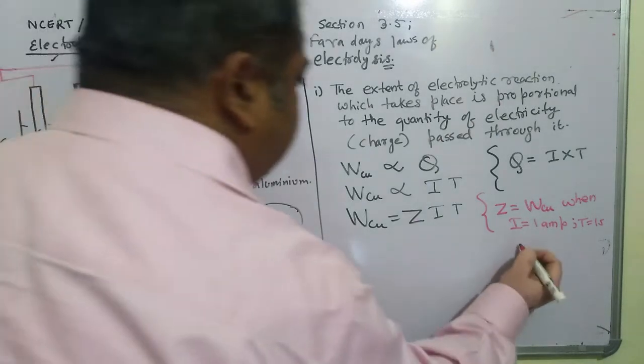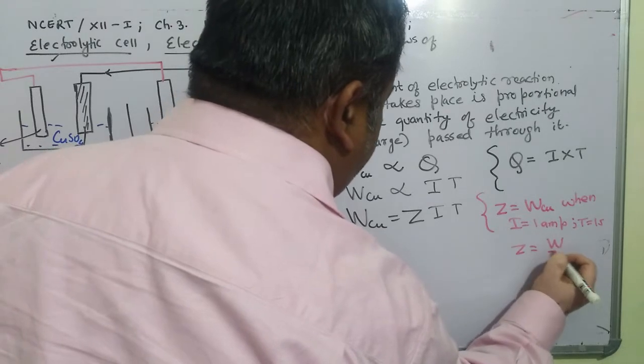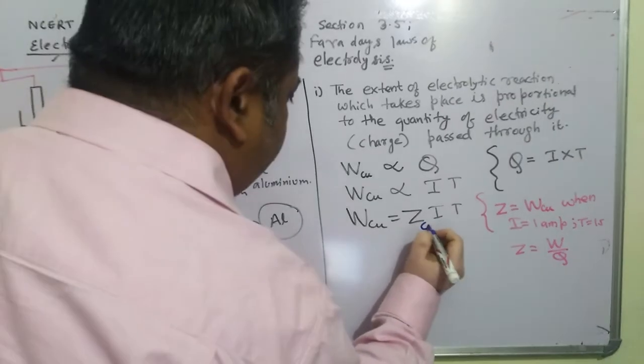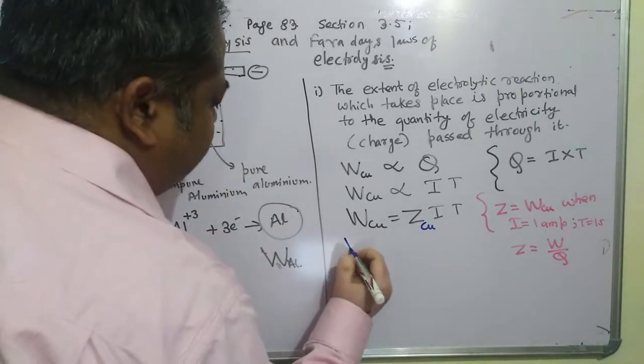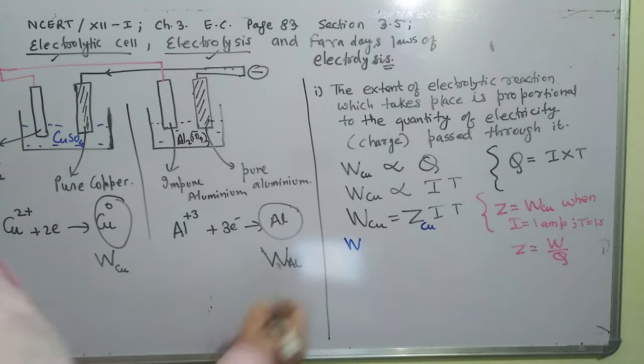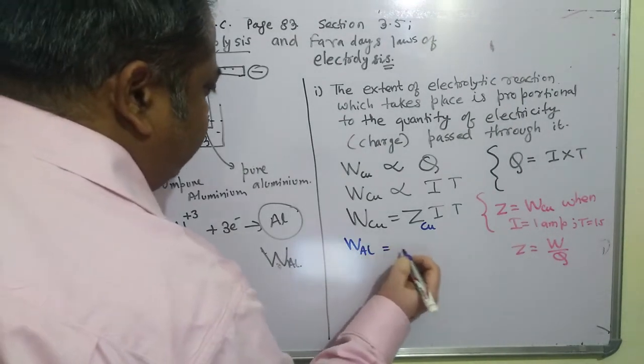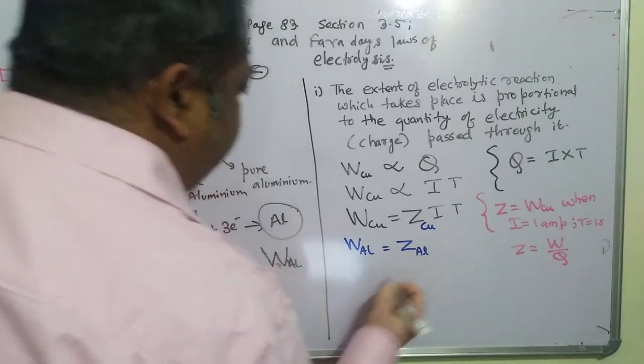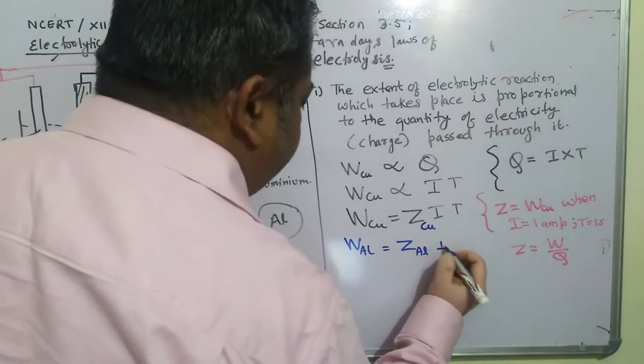Also, Z is equal to W by Q. That means weight deposited per unit charge passed through the circuit. This will be for Cu. Similarly, we can write WAl will be equal to ZAl into IT.